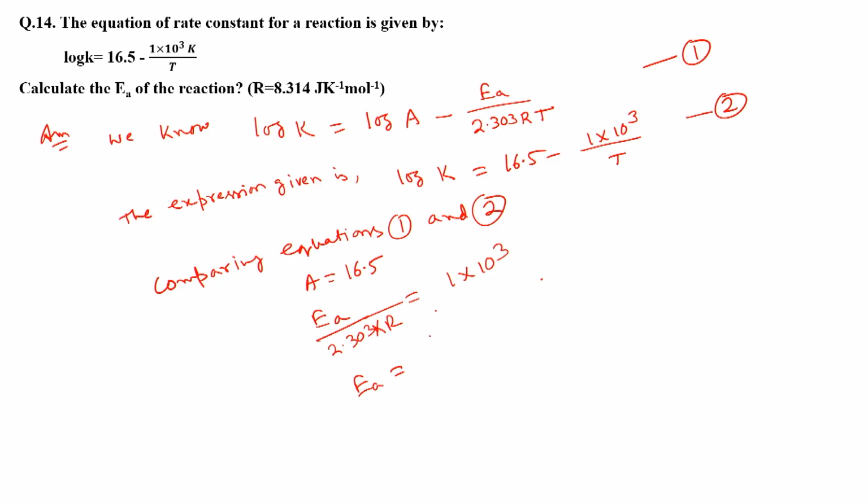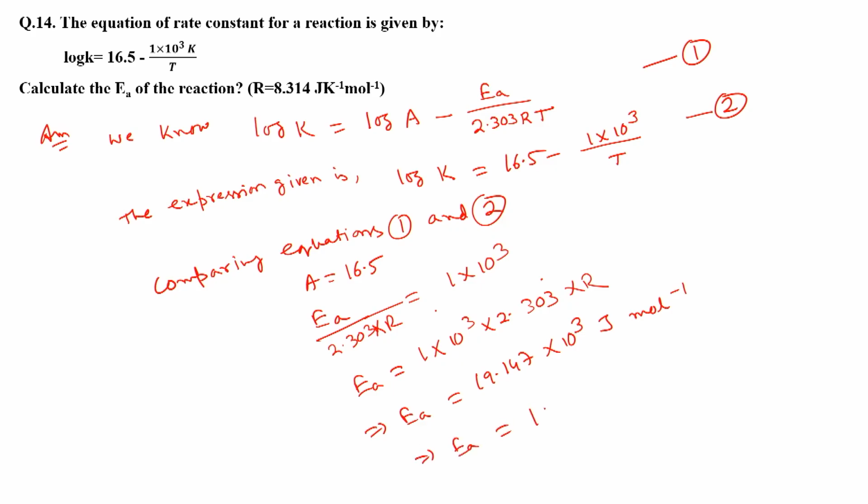So, the value of EA is 1 times 10 to the 3 times 2.303 times R. So, EA is 19.147 times 10 to the 3 joules per mole. The value of EA you get is 19.147 kilojoule per mole. So, the activation energy is 19.147 kilojoule per mole.